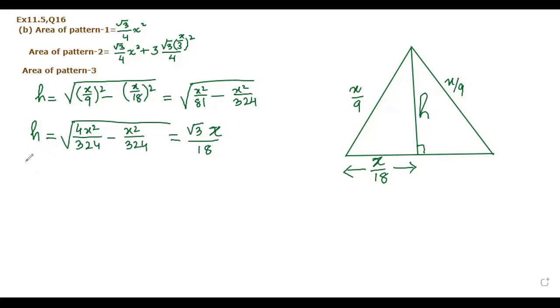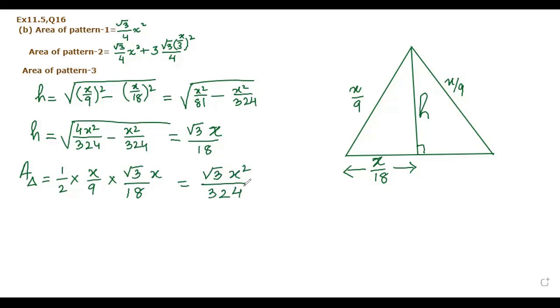Now the area of this triangle is equal to half of base times height, which will become equal to root 3 x square upon 324.